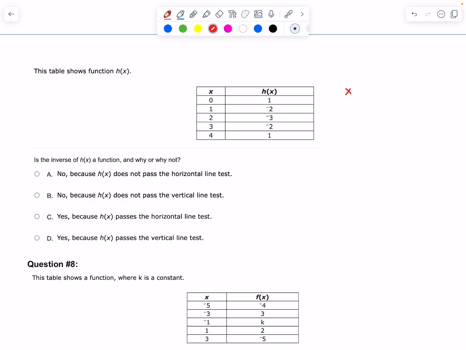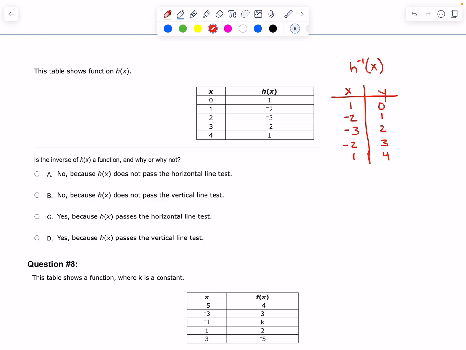So let's rewrite x and y in the inverse of h of x. So 0, 1 will become 1, 0. 1, negative 2 is going to be negative 2, 1. 2, negative 3 is going to be negative 3, 2. 3, negative 2 is negative 2, 3. And 4, 1 is going to become 1, 4.